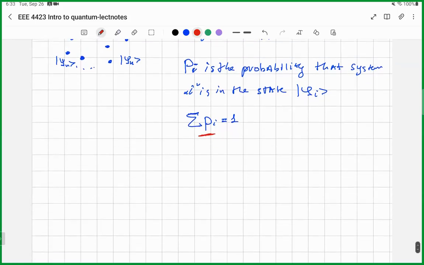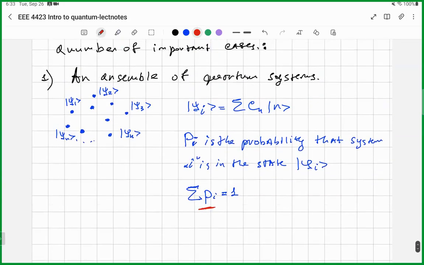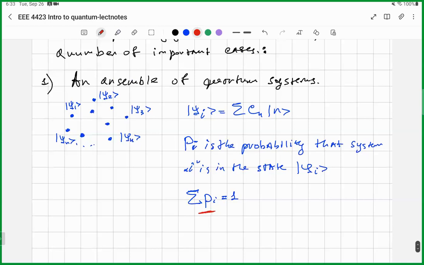Okay, so this is the first case when we cannot use only one psi vector, because obviously if you have multiple systems, each one described by psi, but there is a classical probability distribution over the particles, we have to take into account all the realizations.